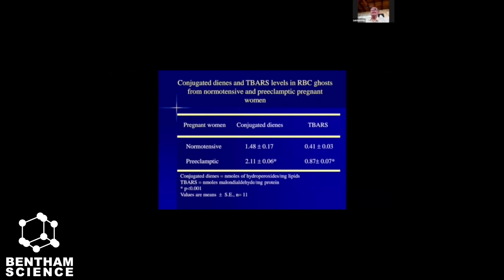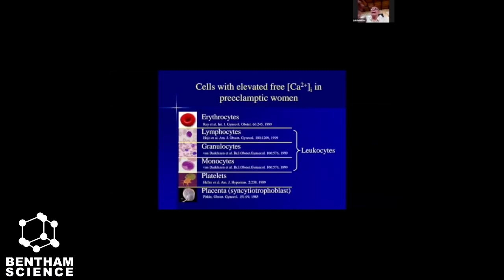And as you can see in this table, the levels of lipid peroxidation, measured as conjugated dienes and TBARS in red blood cell ghosts, are significantly higher in preeclamptic women as compared to normotensive. And this has an impact on different cells.